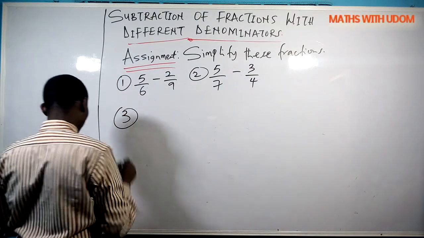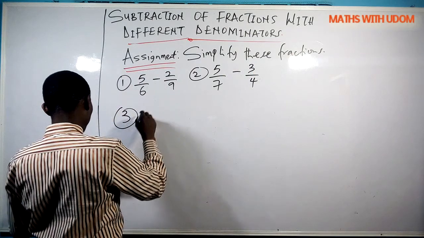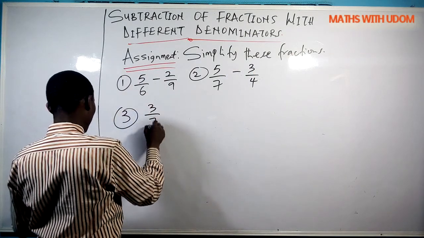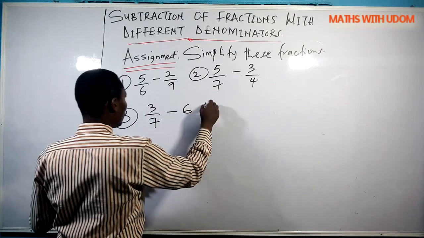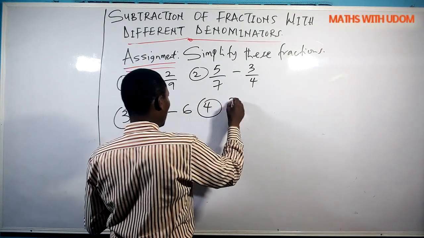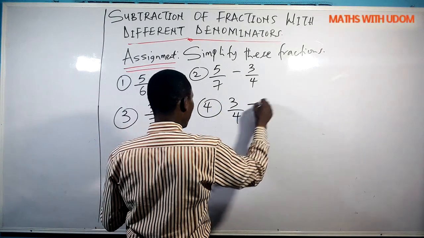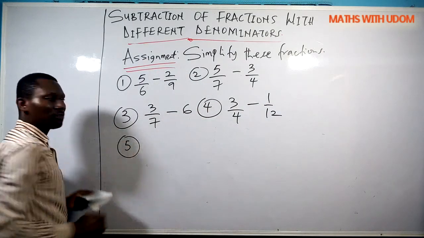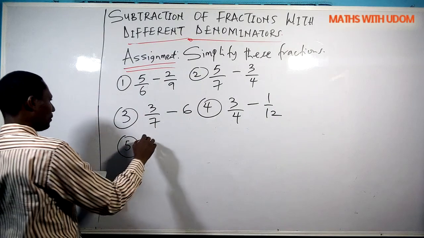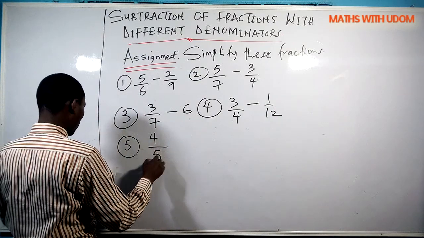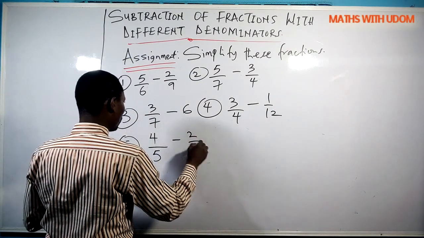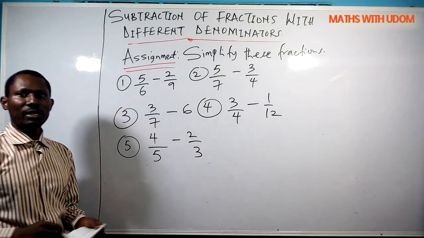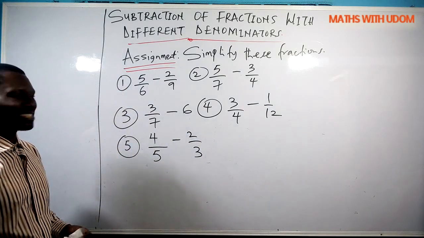Number 3, we have 3 over 7 minus 6. Number 4, we have 3 over 4 minus 1 over 12. And finally, number 5, we have 4 over 5, take away 2 over 3. So these are your assignments.